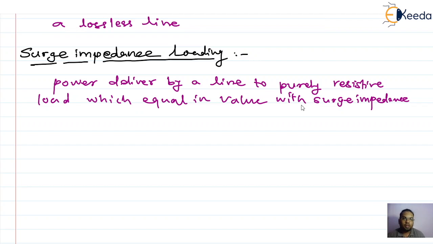You see, as the capacitive effect and inductive effect nullify each other at the surge impedance, whatever loading there is in that case will be a purely resistive loading, and its value is equal to the surge impedance. Surge impedance loading is sometimes denoted as SIL.